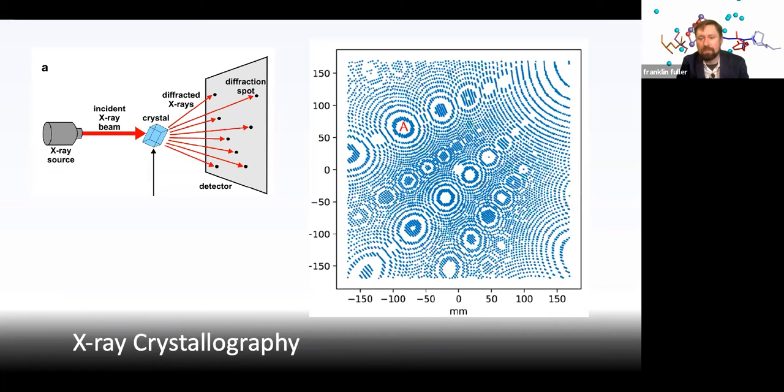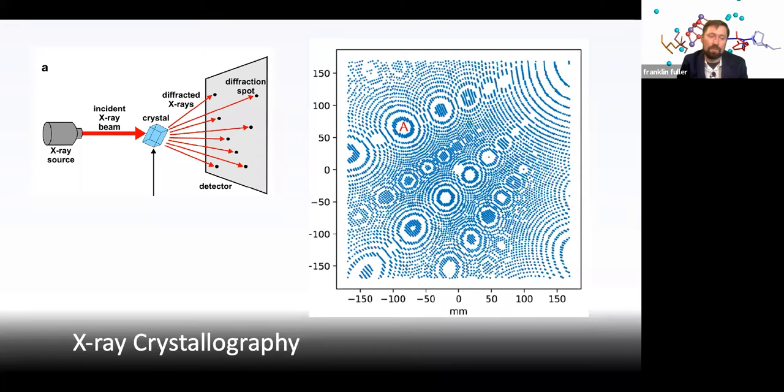And this technique is really important because it gives us the ability to see where every single atom is in this protein to a resolution of down to 2 angstroms. A hydrogen atom is about 1 angstrom in size.